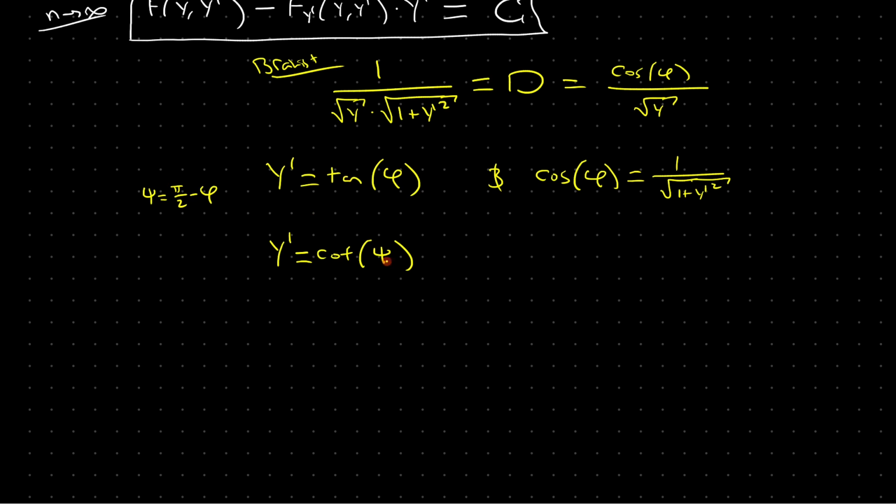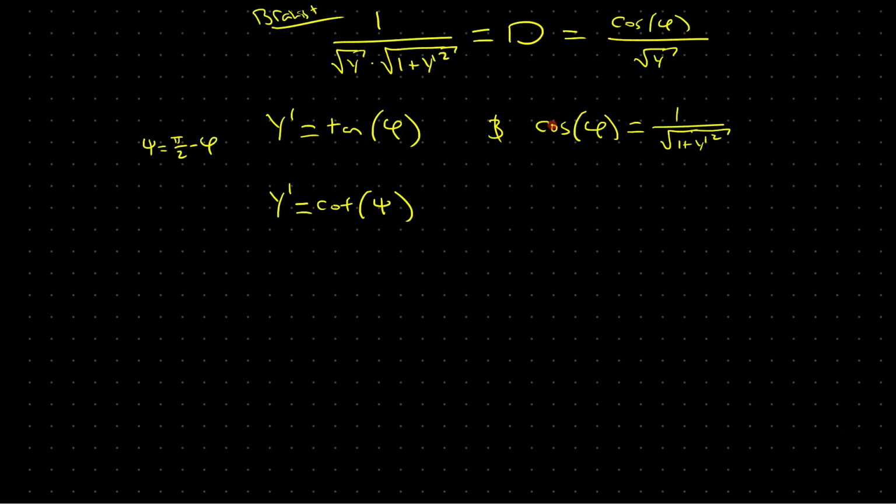It turns out that to solve this differential equation, it's a little bit nicer to use this cotangent of psi. If you look at the differential equation in the Brachistochrone problem and square both sides, we end up getting 1 over y times 1 plus y prime squared is equal to d squared.